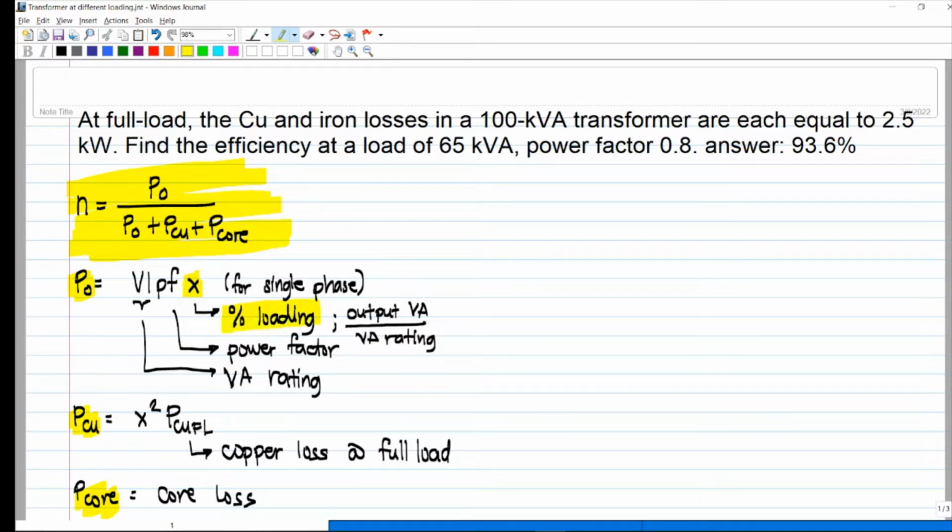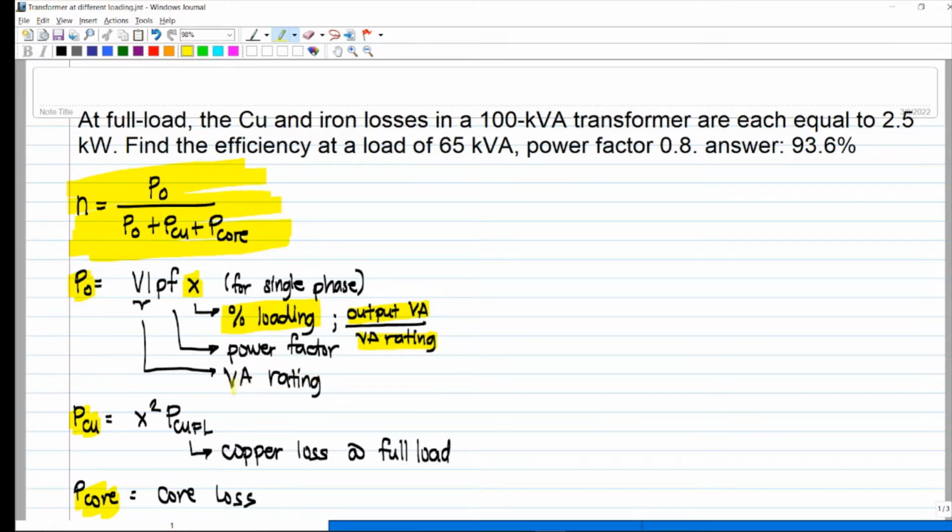So, kung gaano kalaki yung load na sinusupply ng transformer, and pwede natin yan masolve using the output VA. So, kung ano yung ina-out niya, kung ano yung output or yung sinusupplyan niyang load divided by the rating. So, kung ano naman ang rating ng transformer.